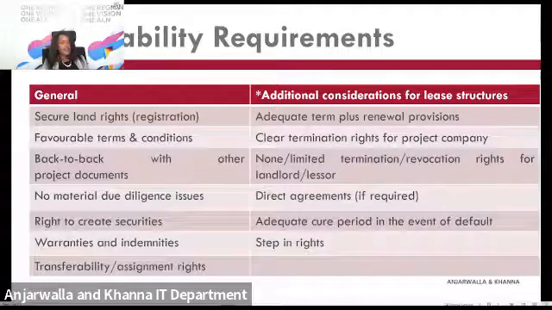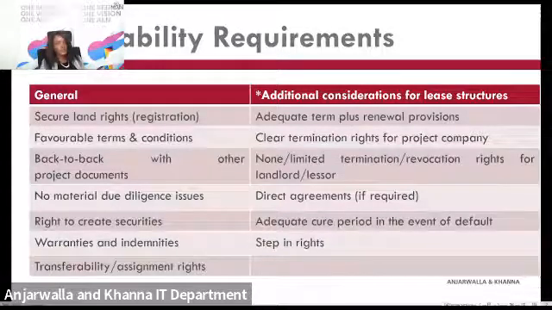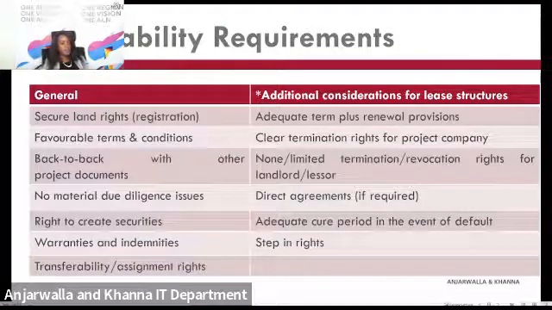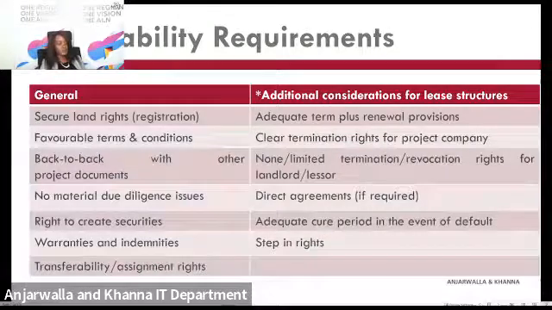Then whatever land rights have been secured, the documents in relation to those land rights must be back to back with the other project documents. Then there should be no material due diligence issues in relation to that land. So the ownership must be foolproof, the use of the land must be foolproof, the planning provision must also be foolproof.